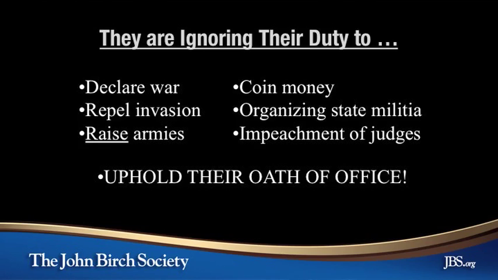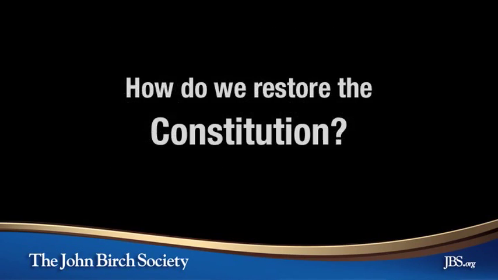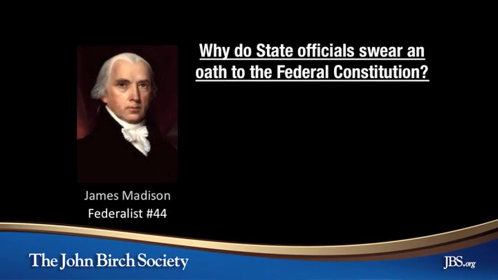The only way we can get back to the Constitution then, the power is really in us and our states. It's up to the states and the people to rein in the federal government. James Madison points out in Federalist number 44, there's a reason why our state-level officials are required to swear an oath of office not just to their state constitution, but also to the federal constitution.